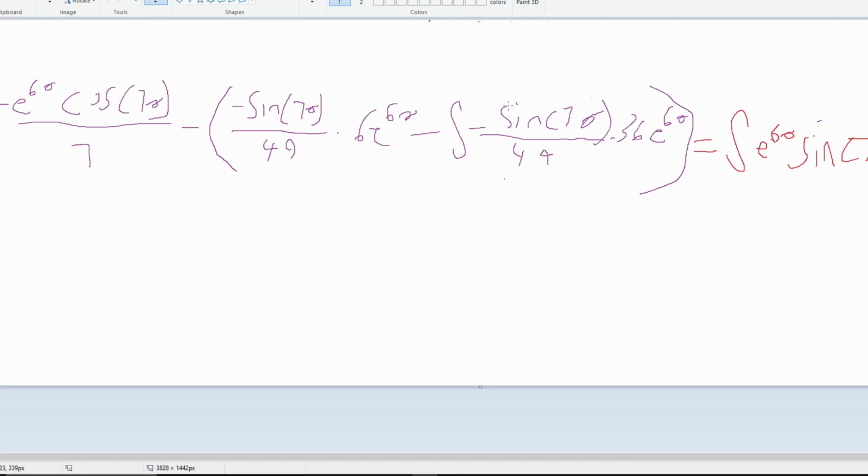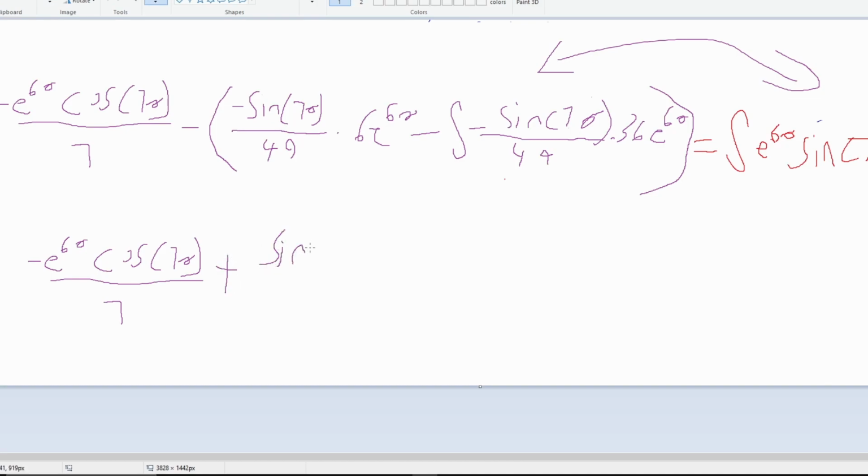All you have to do is this. You can see the relationship between these two. Algebra. That's right. Let's distribute this negative sign before we forget. So, distribute the negative sign, plus sine 7 theta divided by 49 times 6e to the 6 theta.